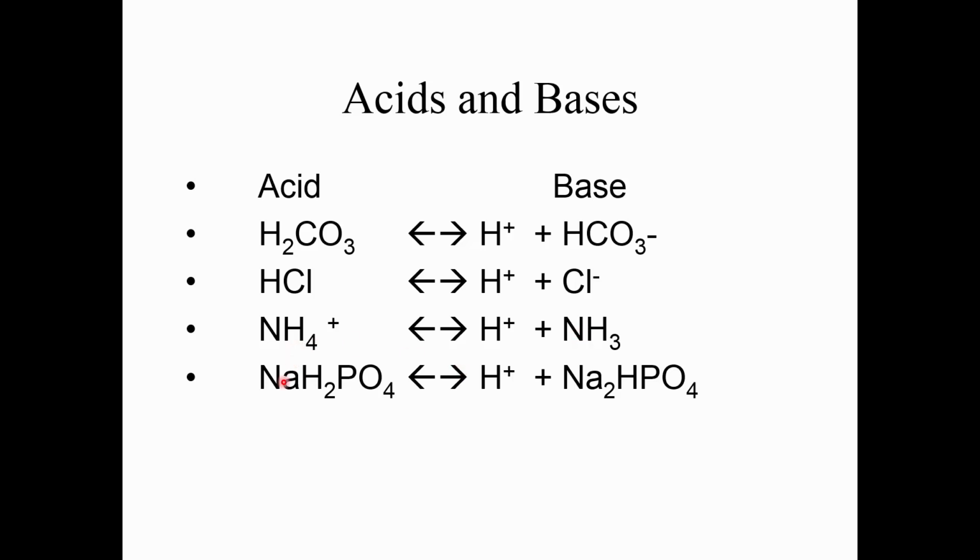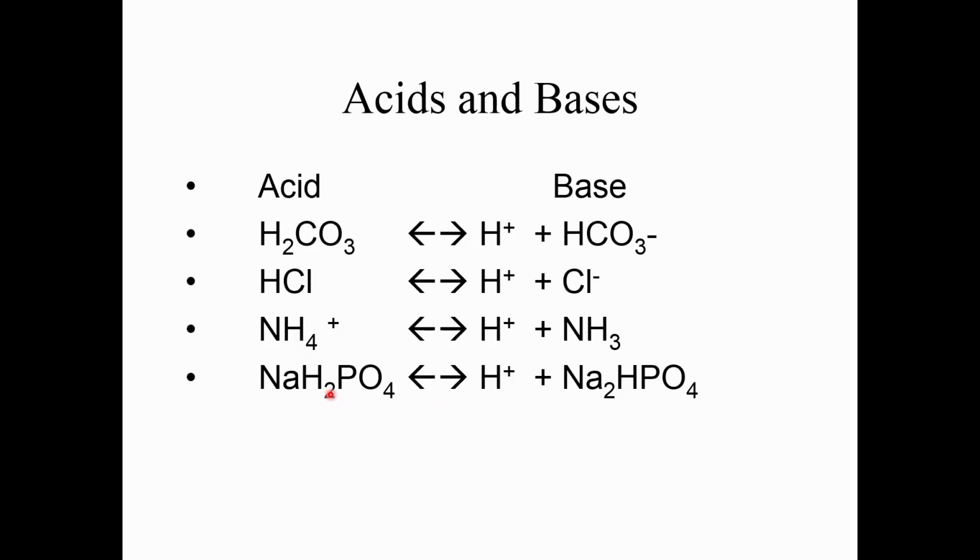And here we have sodium dihydrogen phosphate. When that proton is donated, then we have disodium monohydrogen phosphate. So the monohydrogen form is the basic form. The dihydrogen form is the acidic form. And so when we talk about phosphate buffer, we're talking about these two pairs of ions.